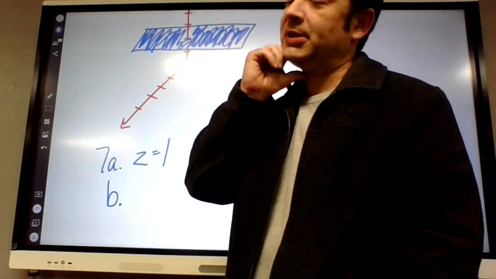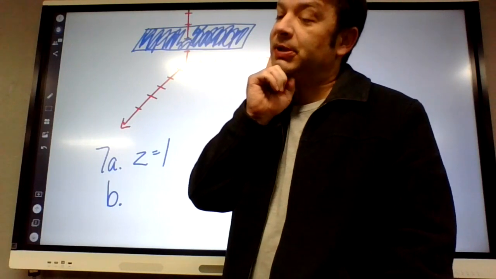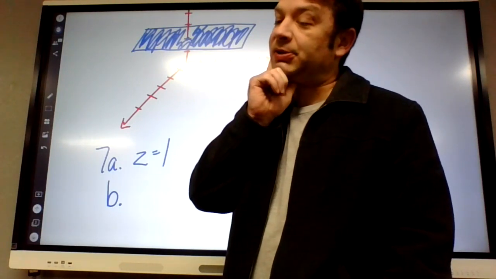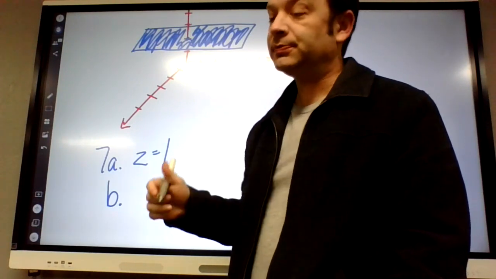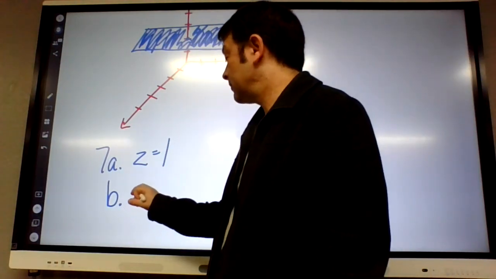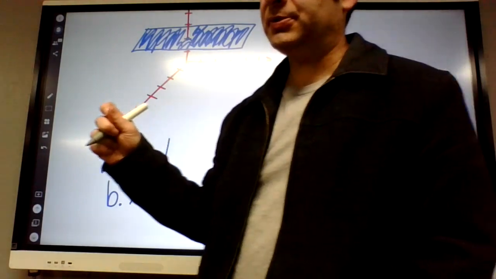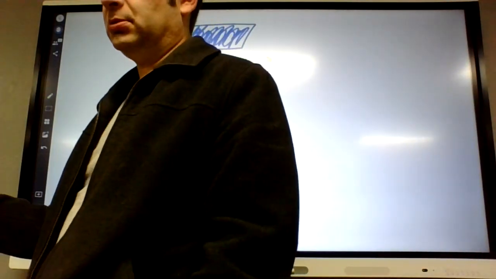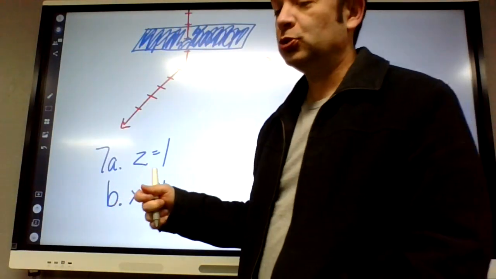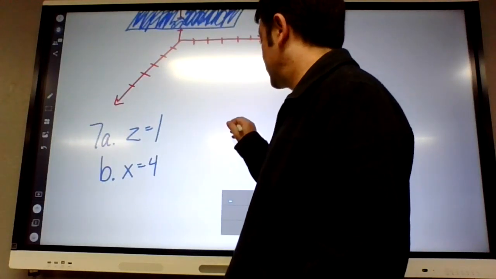It's going to have all the same x coordinates. And what is the x coordinate? 4. Because the x coordinate of point E is 4. It's cutting through 4 on the x-axis.